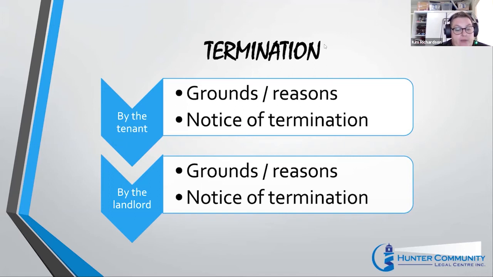For a fixed term agreement, you need to give at least 14 days notice. The termination date in the notice can be the last day of the fixed term or up to 14 days after. You have to give this notice before your fixed term agreement ends. And you need to vacate by the date on your notice. That is very important.